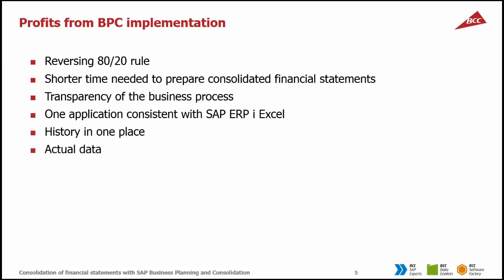We have actual data, so we do not have to think about who has the latest version of our consolidated statement, which is what usually happens when we use a consolidated spreadsheet in Microsoft Excel only. Sometimes it is kept by some financial department employee, sometimes maybe somebody saved it on a pen drive. So we do not have to track this, because it is tracked by the system out of the box.